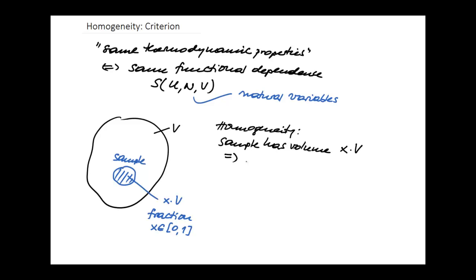So it should have particle number x times N. It should also have a fraction x of the total energy, x times U.